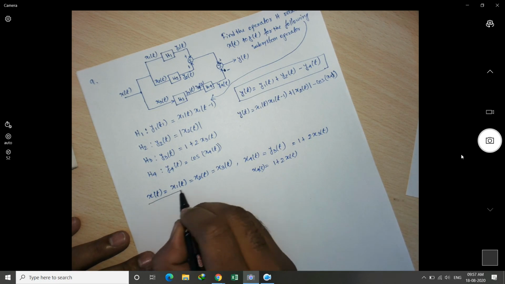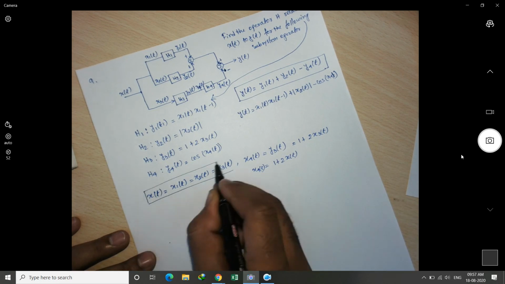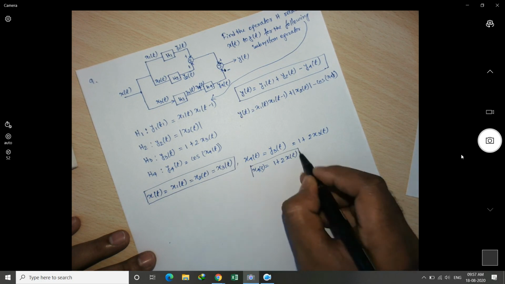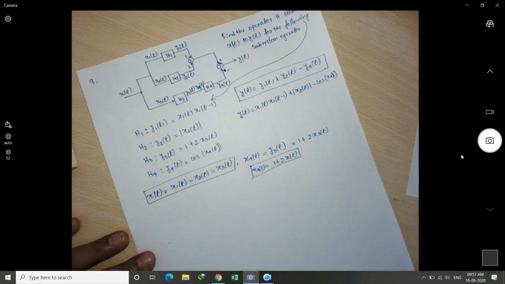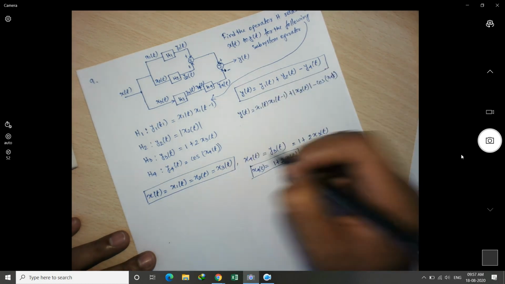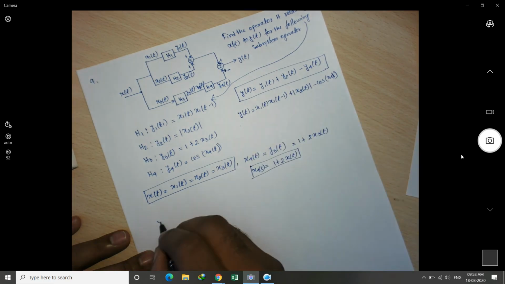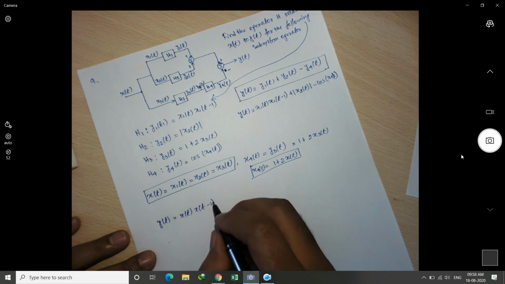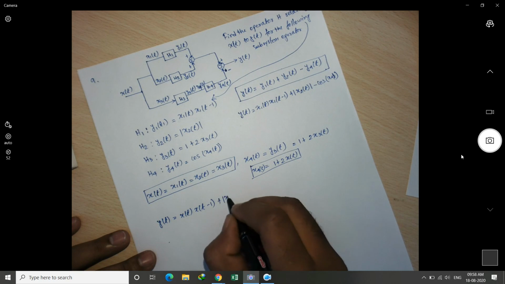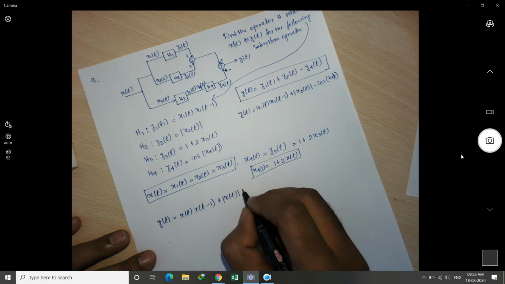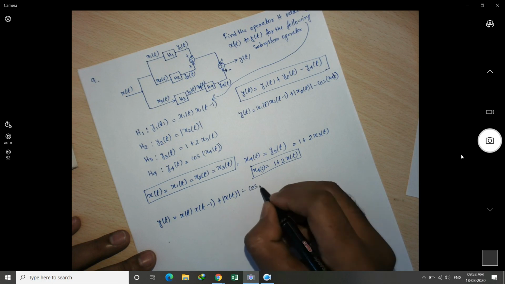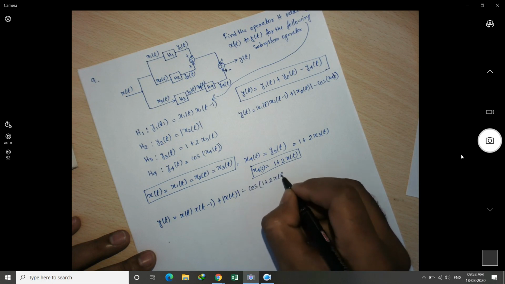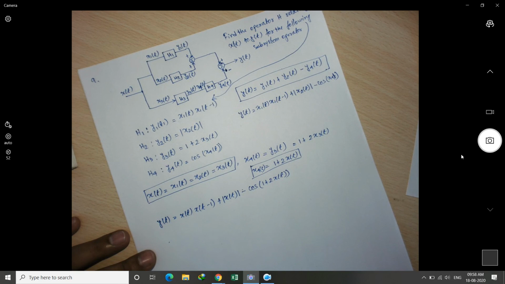So this is the condition about x1, x2, x3, and this is about our x4, right? So we can replace yt with respect to xt: our yt will become xt x of t minus 1 plus mod of xt minus cos of 1 plus twice of xt, right?